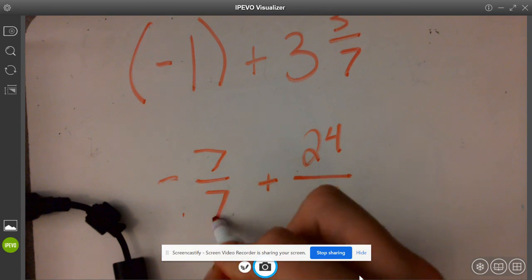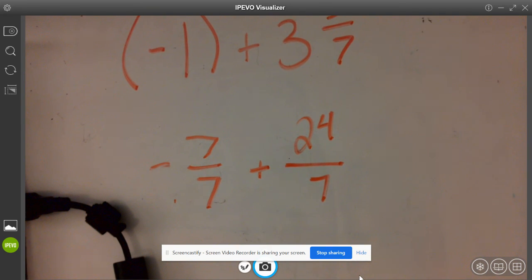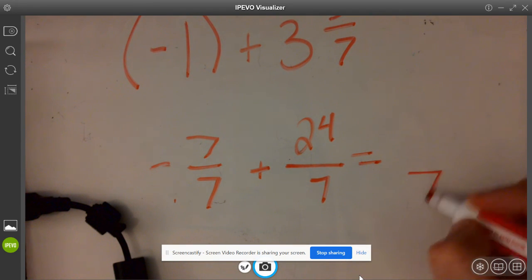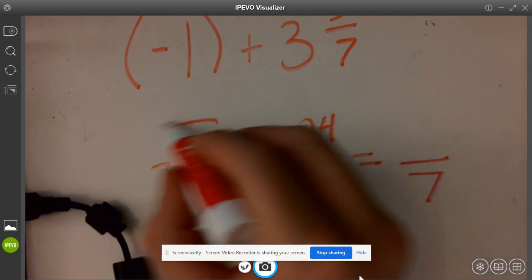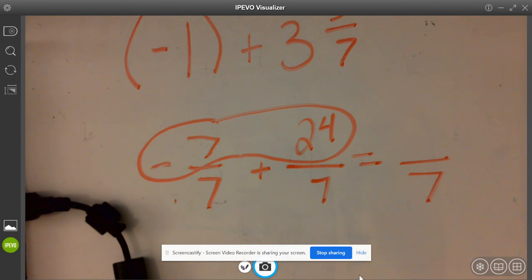Well, 7 over 7, 7 divided by 7 is 1. You guys did a nice job with that in class where we ended up with -5 over 5, and your answer was -1. And from there, you can just, 7 stays, that's in the denominator, and add straight across. You have -7 plus 24.